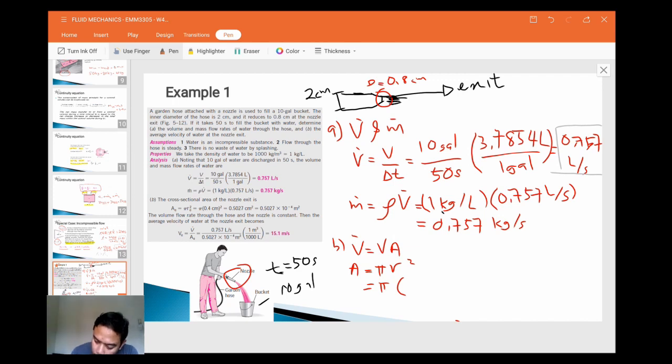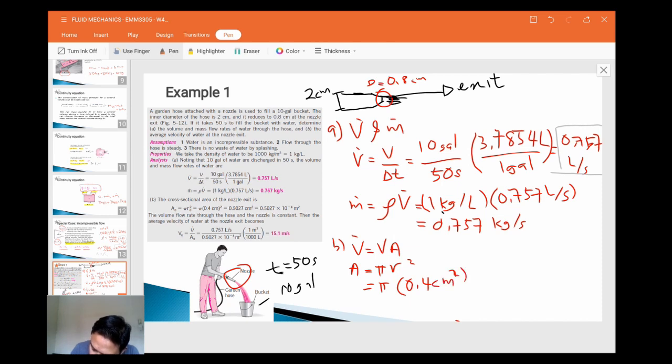Okay, so you should take the R, which is 0.8 divided by 2, is 0.4. Okay, centimeter cube.